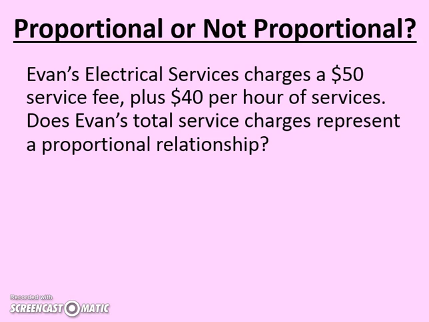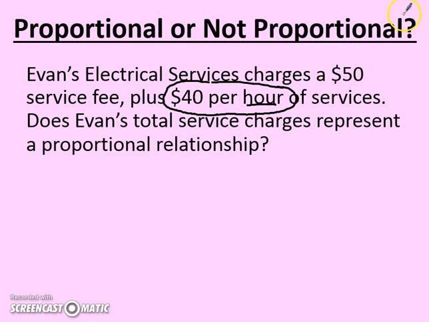Evans Electrical Services charges a $50 service fee plus $40 per hour of services. Does Evans' total service charges represent a proportional relationship? Well, if we look at this problem, we see a unit rate. It is going to constantly go up $40 each hour.